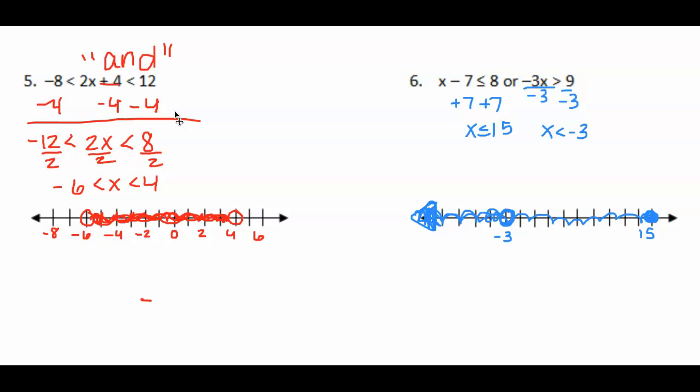But because this is an OR, it's just the more inclusive of the two. So you only have to graph the less than or equal to 15. If it was an AND, it would be the 3 open and then to the left. But because it's an OR, it's both. If it was an AND, it would just be 1.